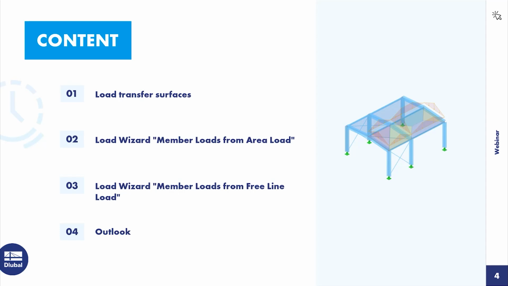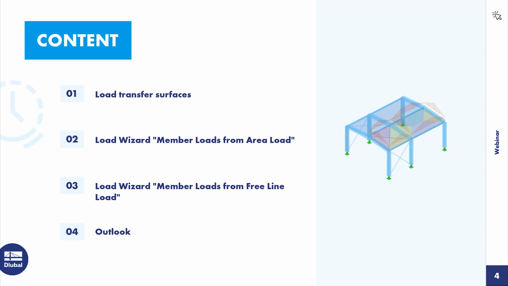Thank you, Andreas, for the introduction, and welcome from my side as well. Before we start, I want to show you the content for today's webinar. I prepared 4 points in all. Of course, we will have a look at the different possibilities of load transfer in RFEM 6. First of all, we have the feature load transfer surfaces, and this will also be the main part of the webinar.